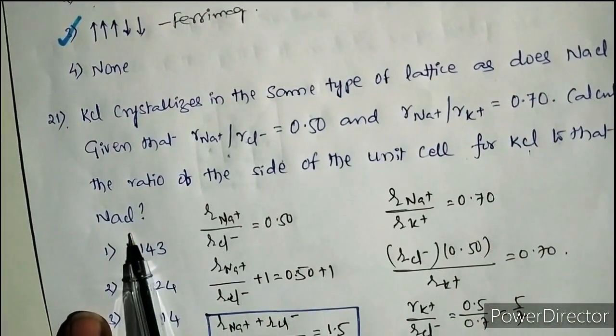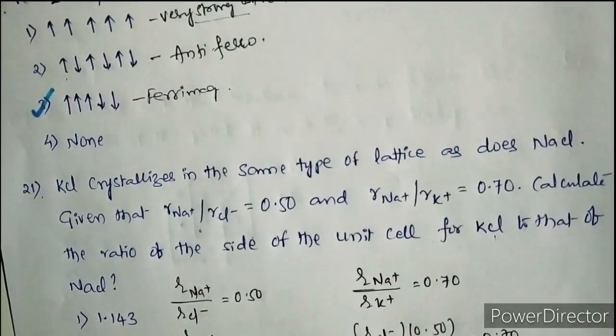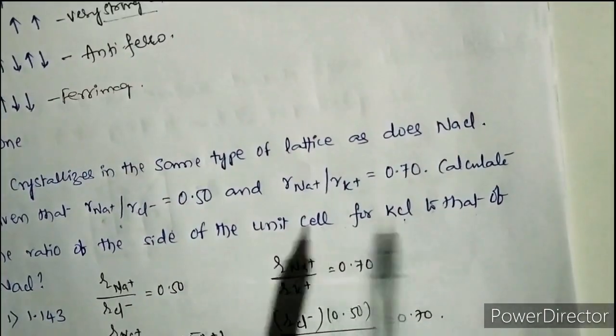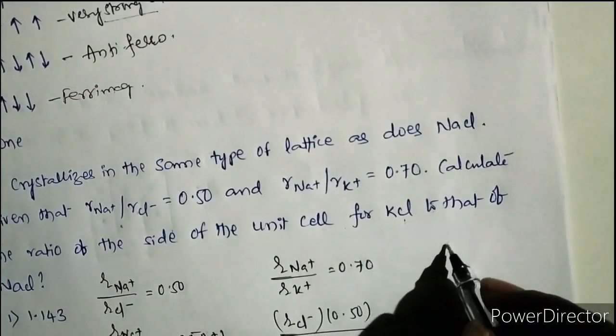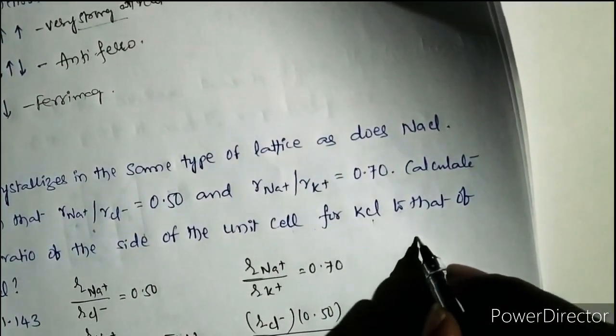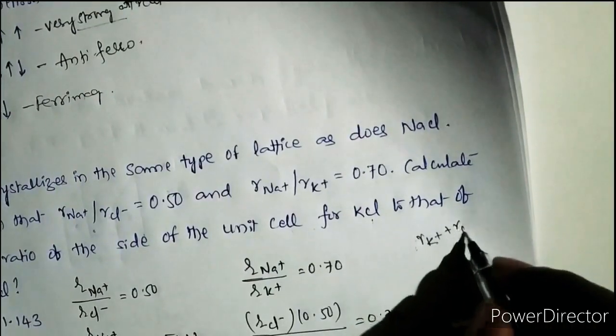So what they are asking us to find is the ratio of the side of the unit cells, right? That means I'll write simply here what to find: the ratio for KCl to that of sodium chloride, right?